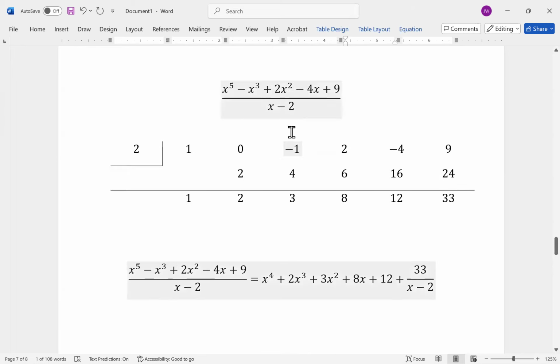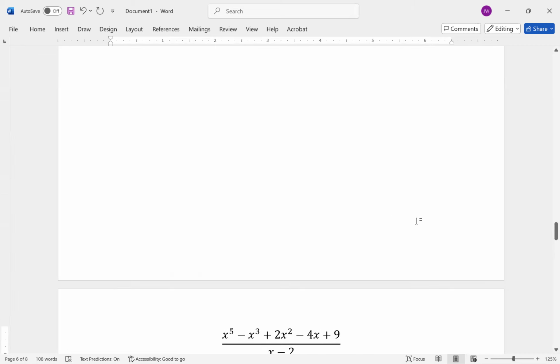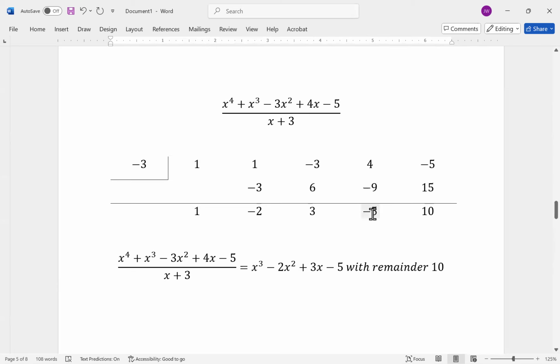On the second problem, when we divided by x minus 2, I got a 33 as the remainder in the x to the fifth problem there. And so you may say, well, does this only work with 2?